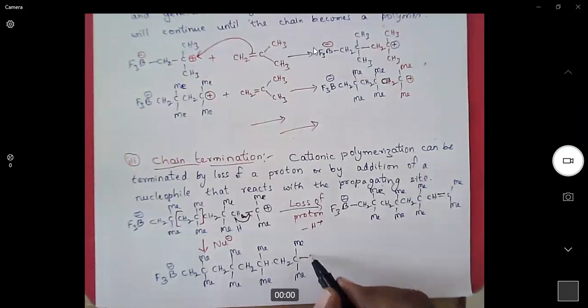The nucleophile adds to the carbocation center and generates a carbon-nucleophile bond. So this is the mechanism for cationic polymerization reaction.